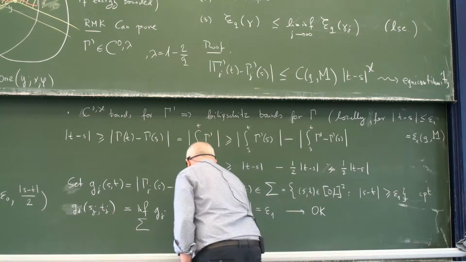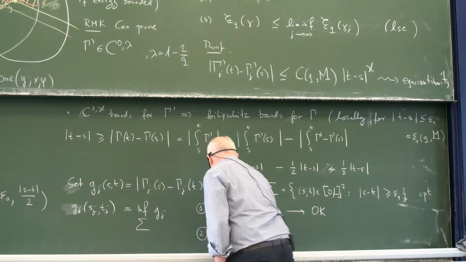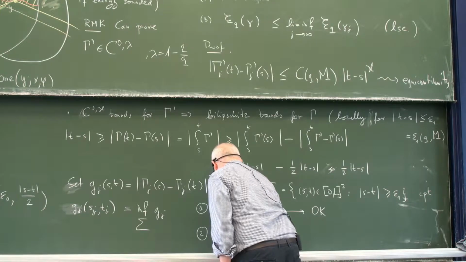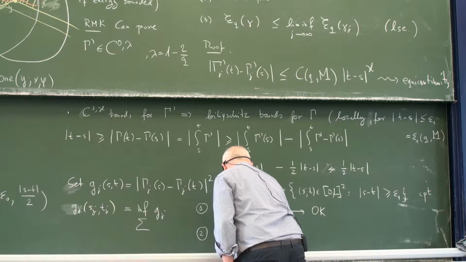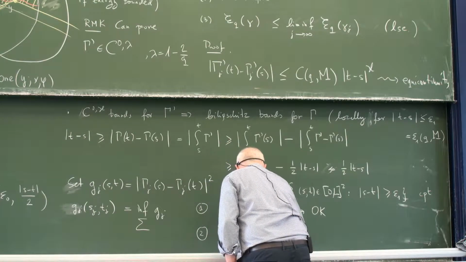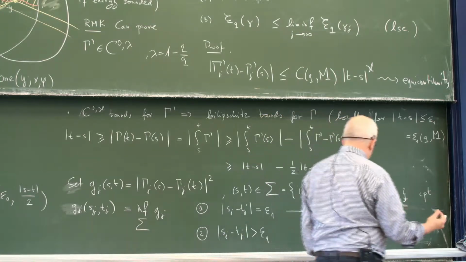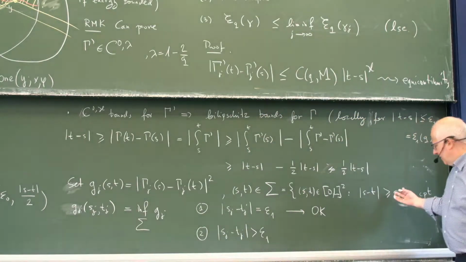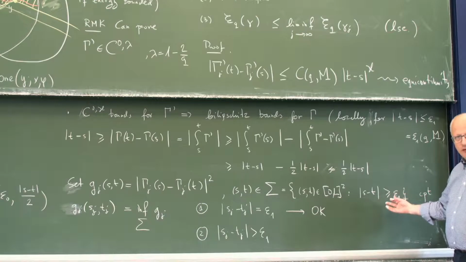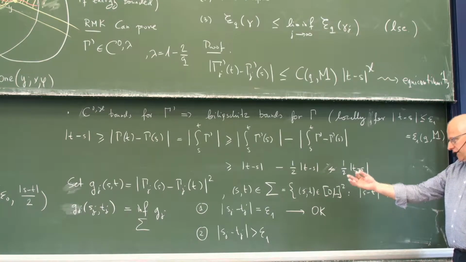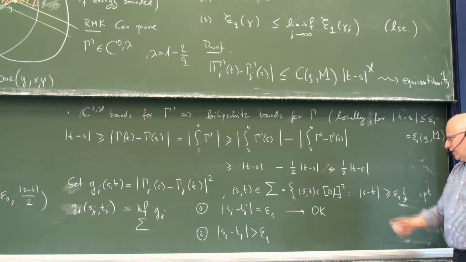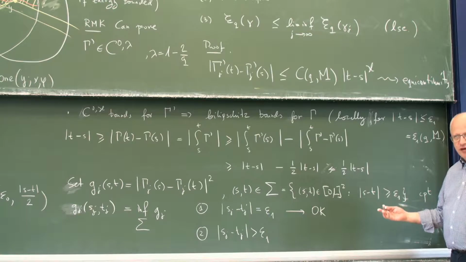The second case is where this difference might be bigger than epsilon 1. If it is bigger than epsilon 1, then I'm in the interior of this set, and I'm allowed to say the following. This is a function of two variables. It has a minimum somewhere. I can compute the partial derivatives, and they should be 0.